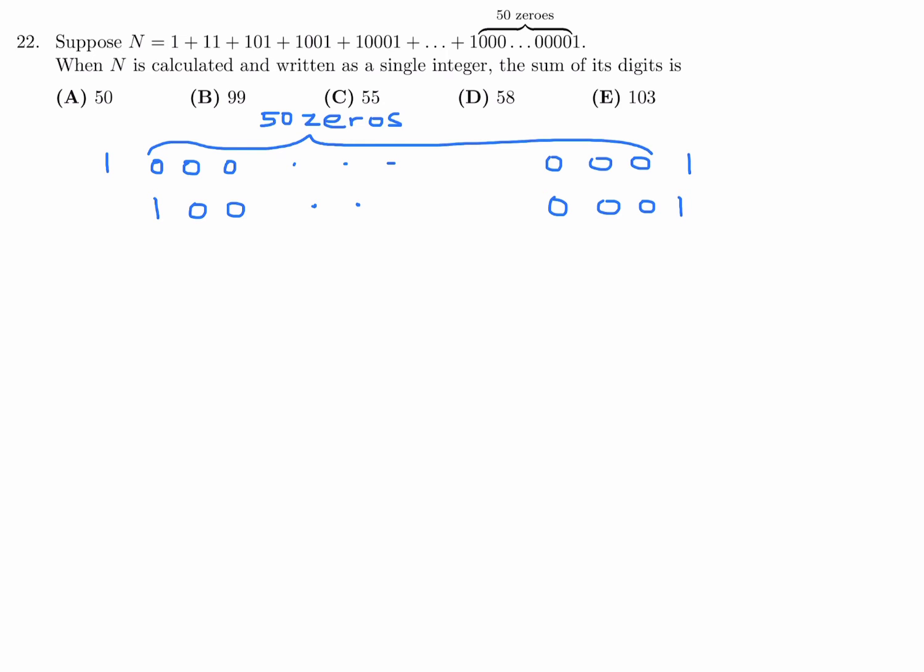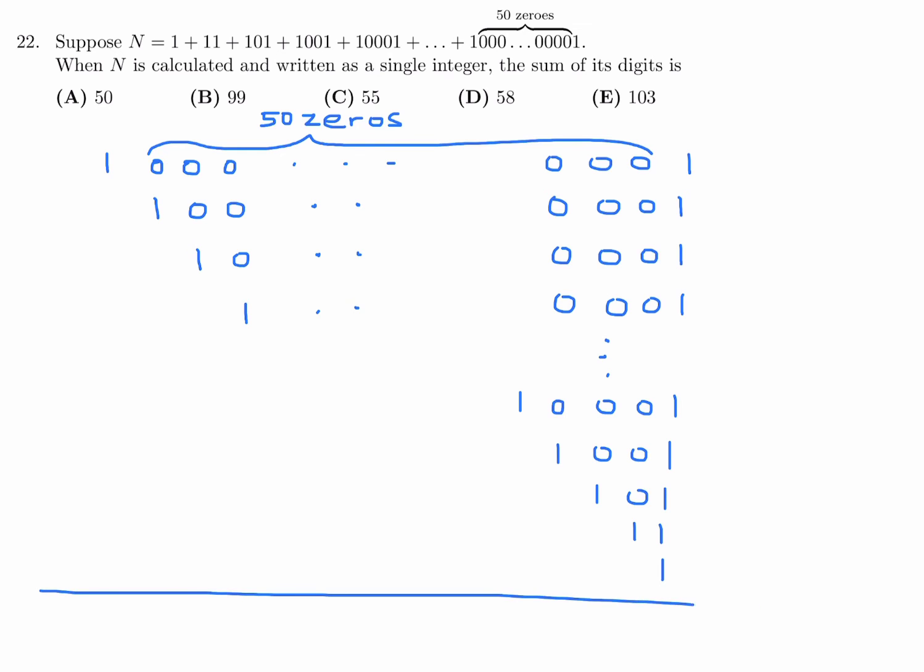And then similarly, the next one that's 1 digit less will look like this, correct? And so on. You get the point. And then eventually I'll skip a whole bunch, and I'll just write 10001, these guys that they just gave me, 5 of those, right? So 1001, 101, 11, and finally 1. And then at the very end, I will figure out the sum. And that sum is that single integer.